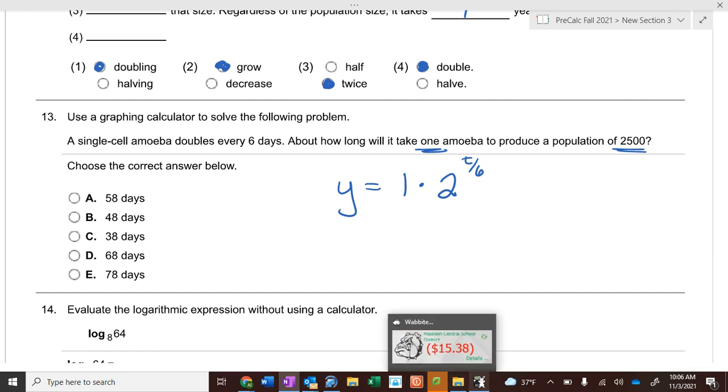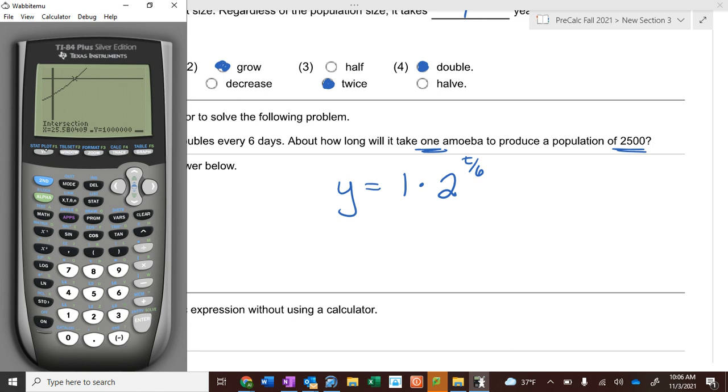So, again, graphing calculator. I'm going to clear these out and go 1 times 2 is really 2 raised to the x divided by 6 power. And I want to go to where it equals 2,500. So my window, I can leave it there.